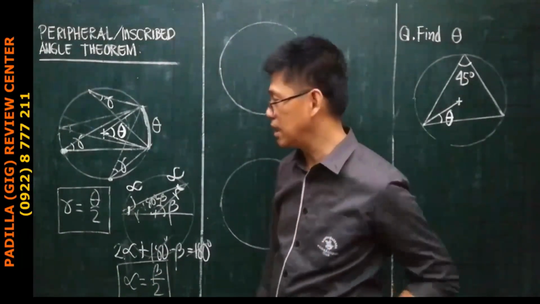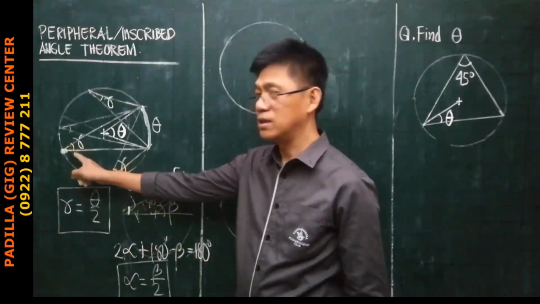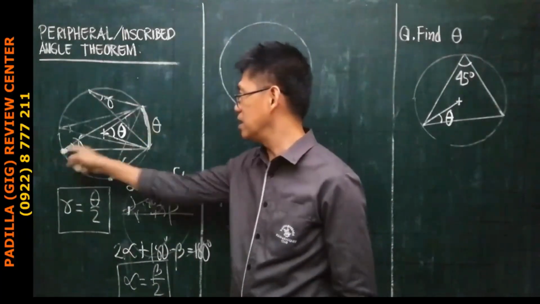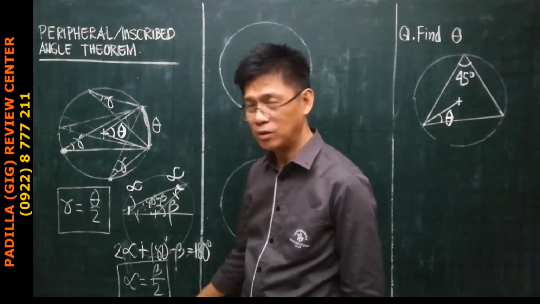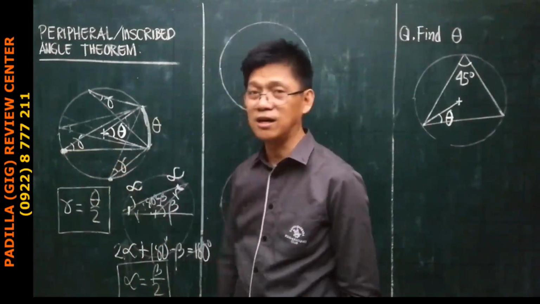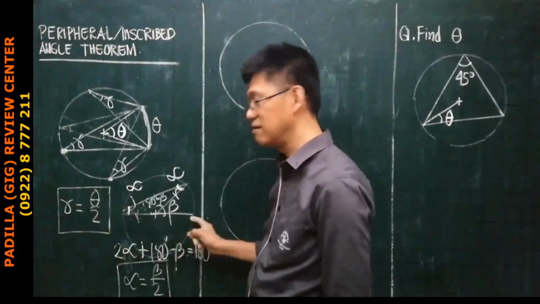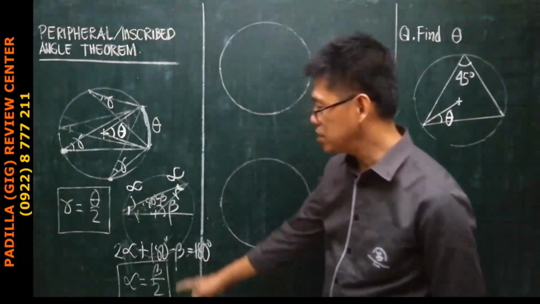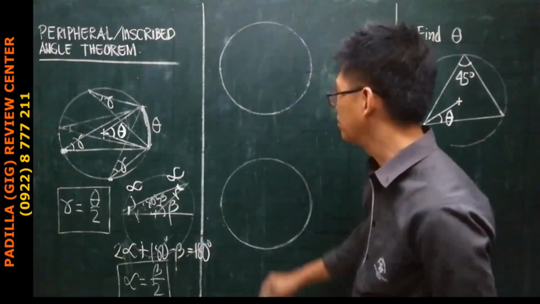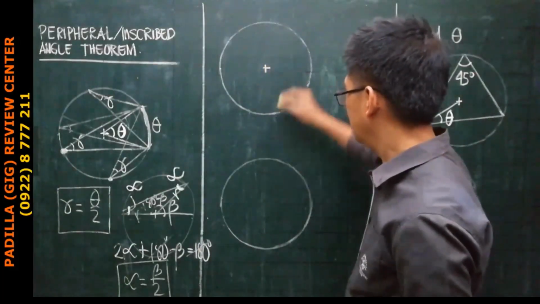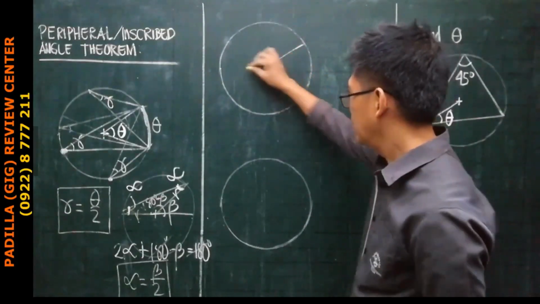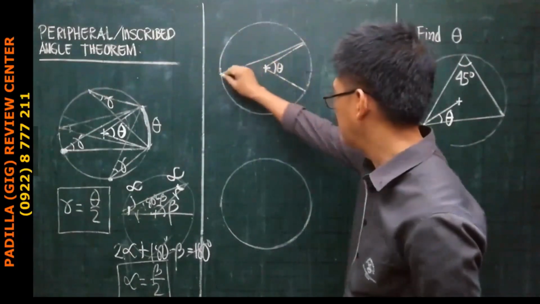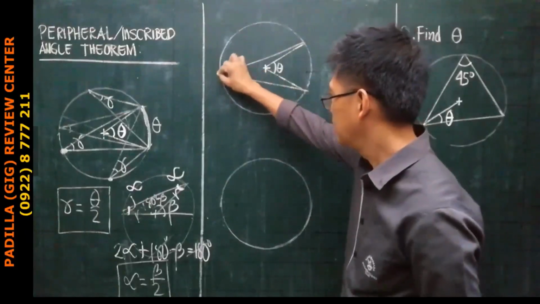You might ask me, sir, these sides are not diameters. Is this proof true even if the sides are not diameters like this? Yes, I am using this as the foundation. For example, let us go back. Let us say that this is your theta, and this is your gamma, at any point.